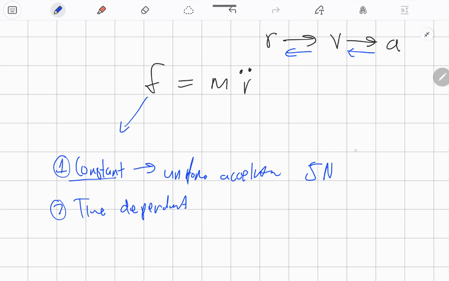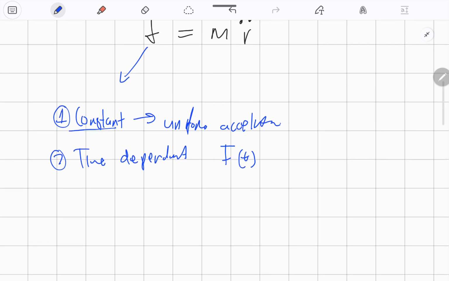Now you can also get a time dependent force, where the force itself is a function of time, so maybe with time the force is changing. There are a lot of examples you can think of, but I'll let that be your problem to worry about. If you have an idea, write a comment and say what you think is time dependent. But as the course continues, we'll see.